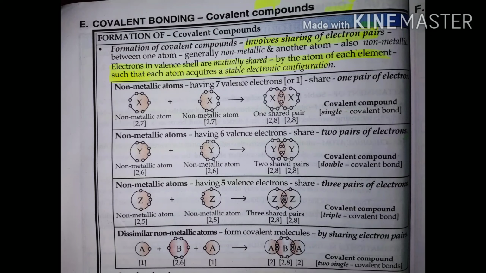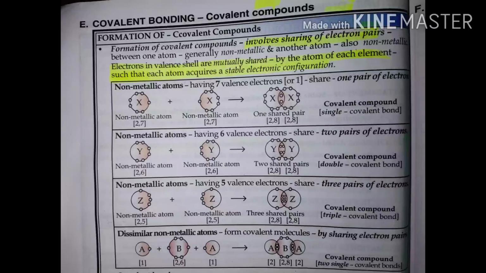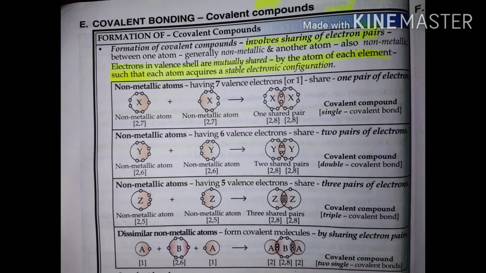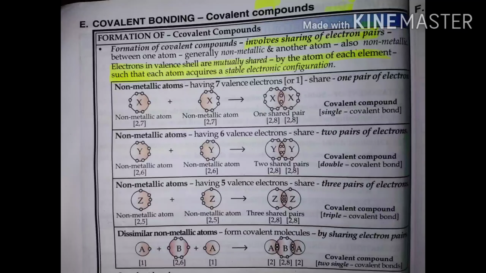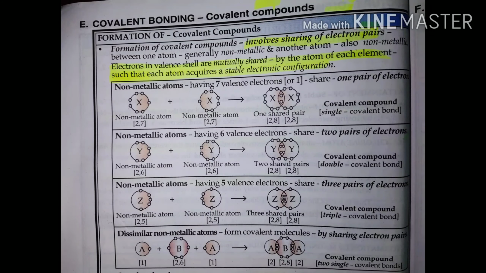So first we will see a single covalent bond. In the first example, they have taken the element as X. X has electronic configuration 2,7, and there is another atom of X which also has electronic configuration 2,7.